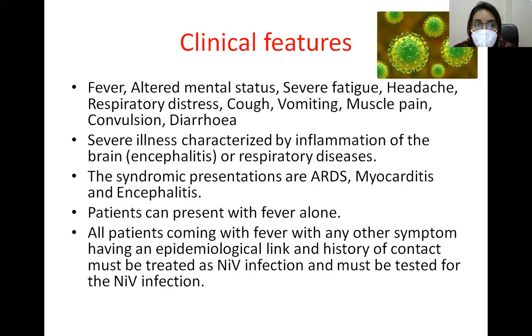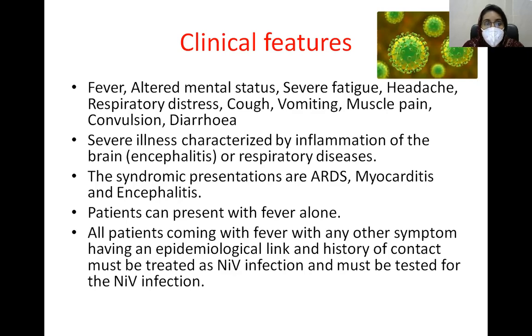Coming to the clinical features, they include fever, altered mental status, severe fatigue, headache, respiratory distress, cough, vomiting, muscle pain, convulsions, and diarrhea. Severe illness is characterized by encephalitis, that is inflammation of the brain, and also respiratory distress. When you see this syndromic presentation, it can get confused. It has a presentation similar to ARDS, myocarditis, and encephalitis. So we have to have a high index of suspicion for this diagnosis.